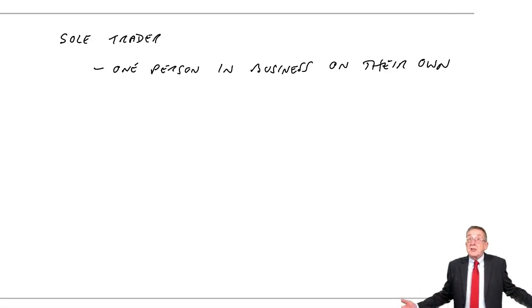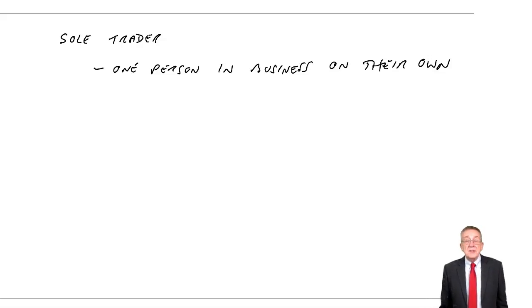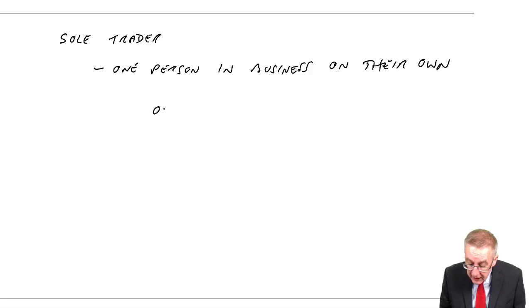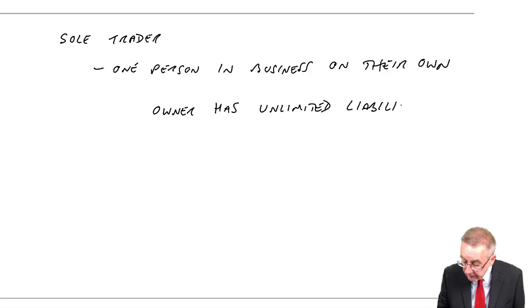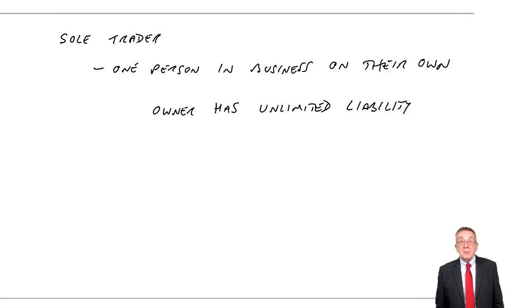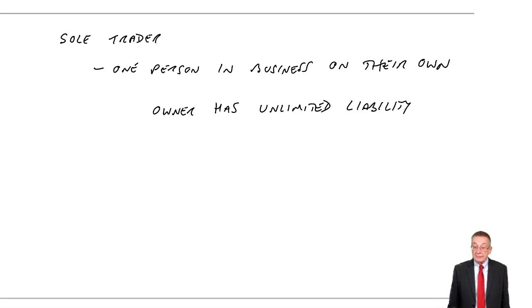If that involves me selling my car, selling my house and so on, so be it. The owner has what we call unlimited liability. I'm personally responsible for everything the business does. I'm personally responsible for everything the business owes.